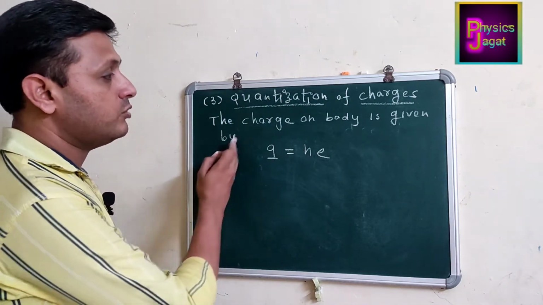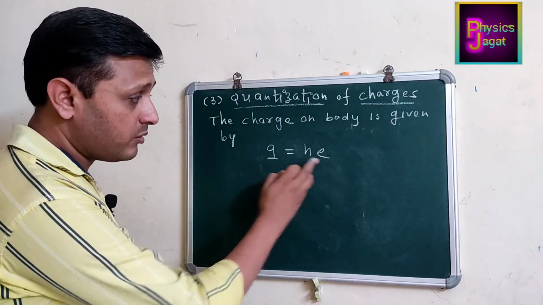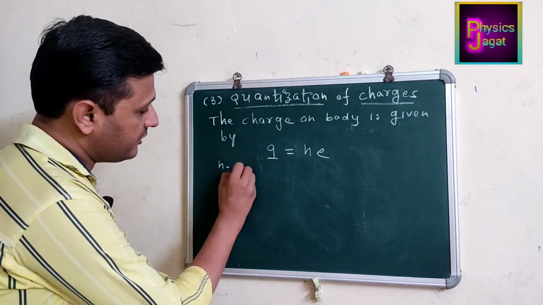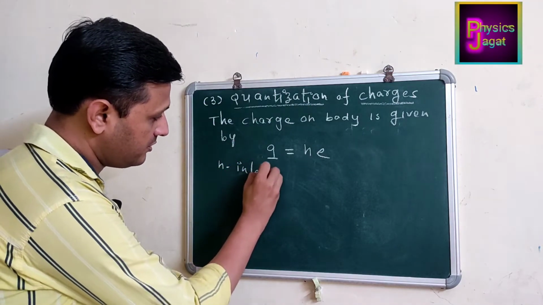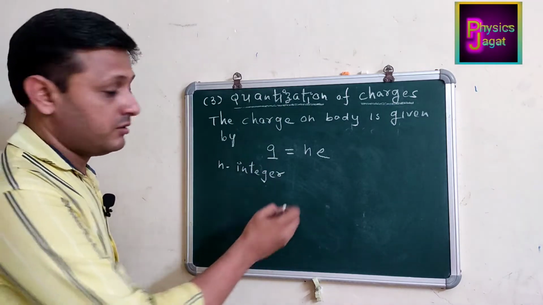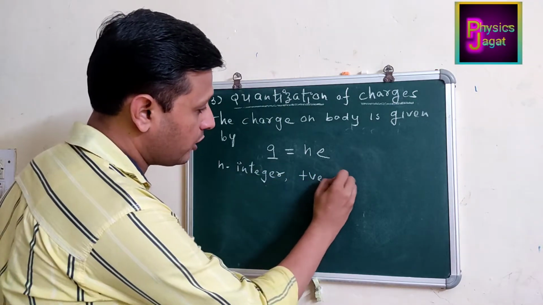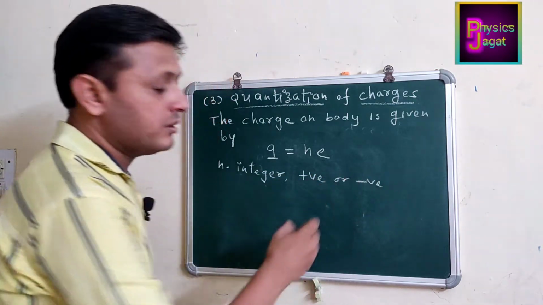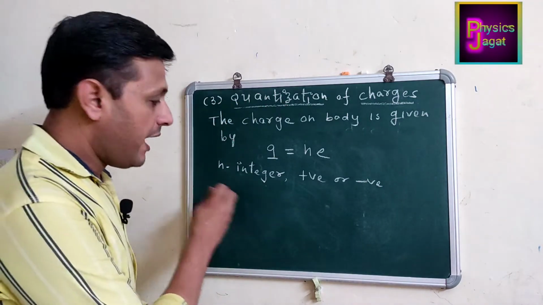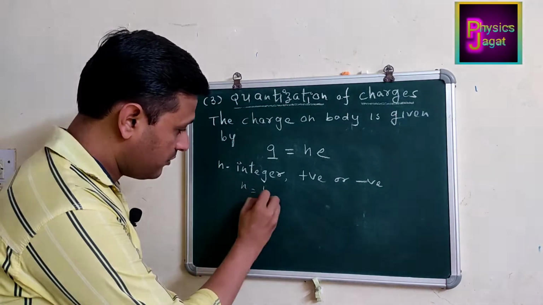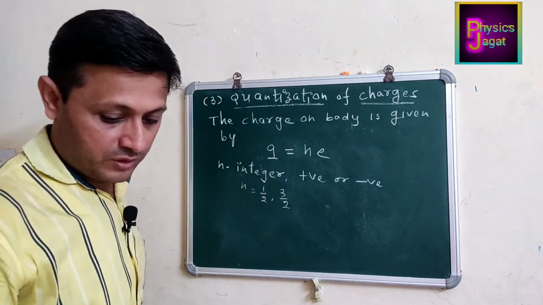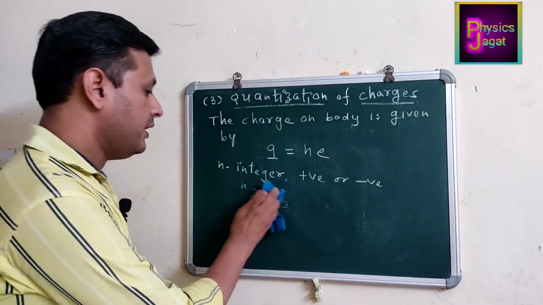We know q is the charge on a body, but what are n and e? n is an integer, which can be positive or negative. It is not allowed to be 1/2 or 3/2, whatever. It will only be in integer form.